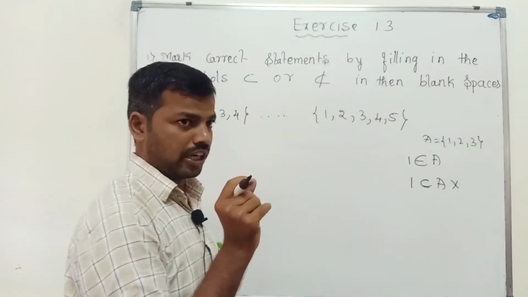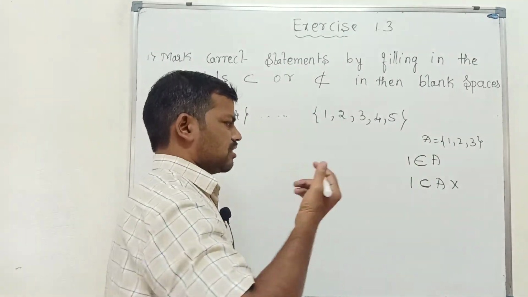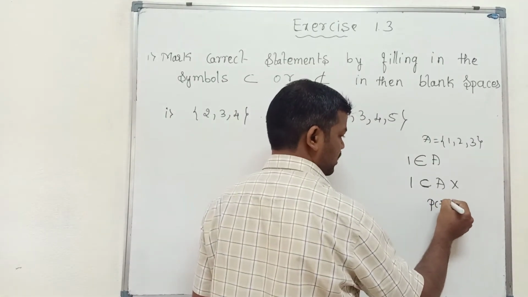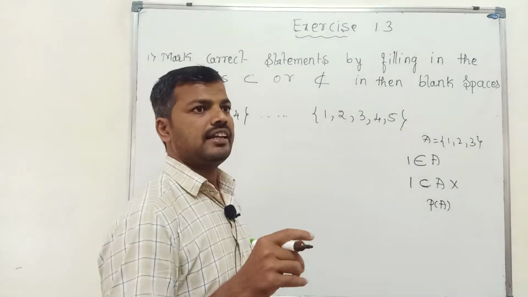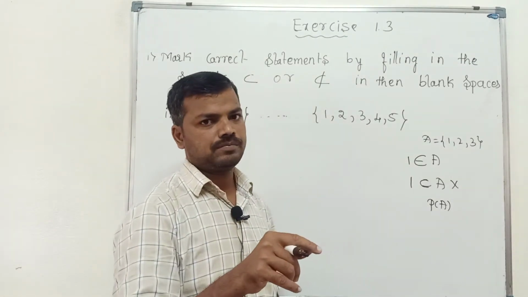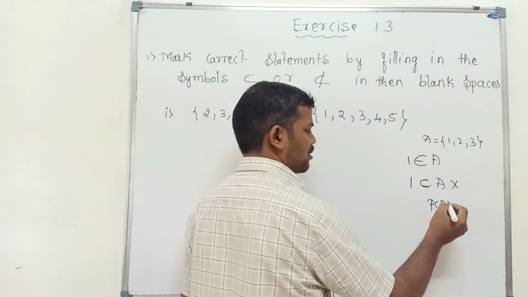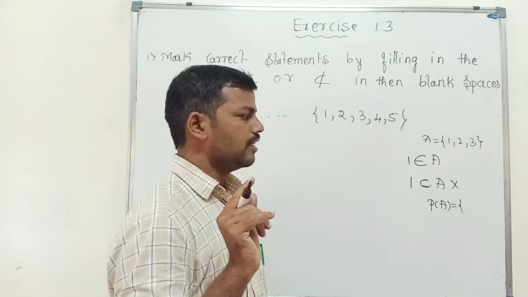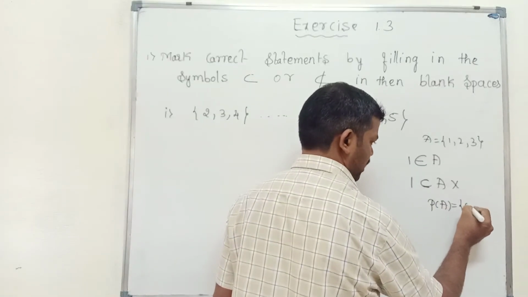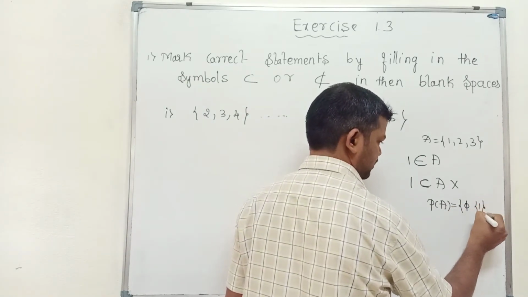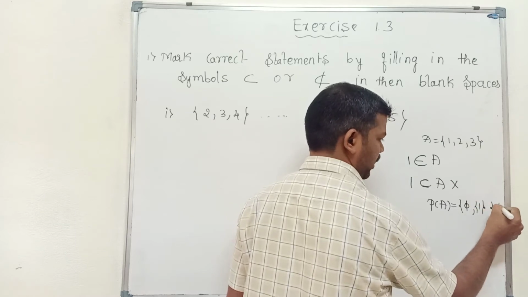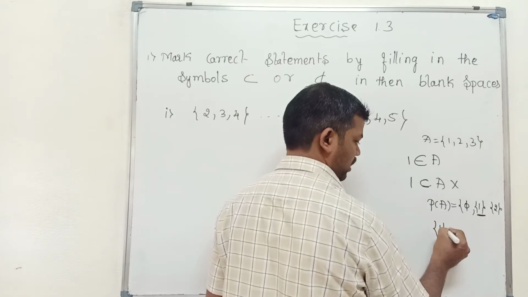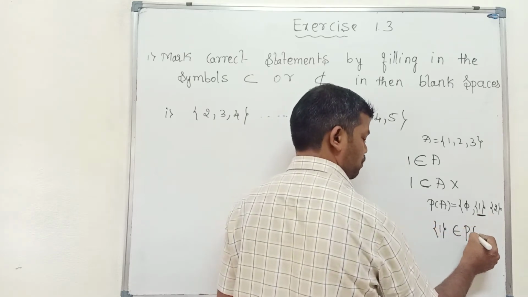Next we should know that the power set contains the subsets. In the power set, the elements are all sets, not plain elements. So the null set, singleton 1, singleton 2 and so on are there. So now singleton 1 belongs to the power set.